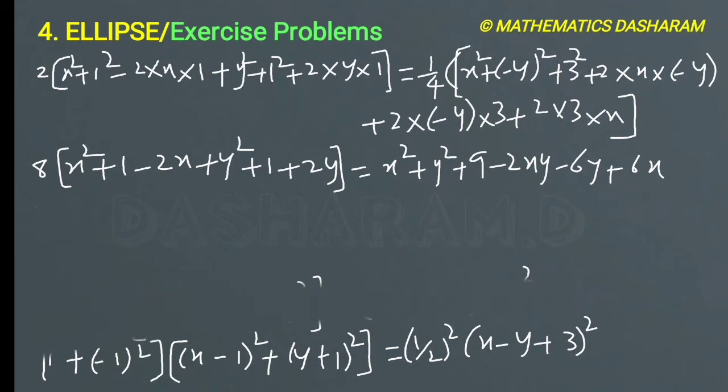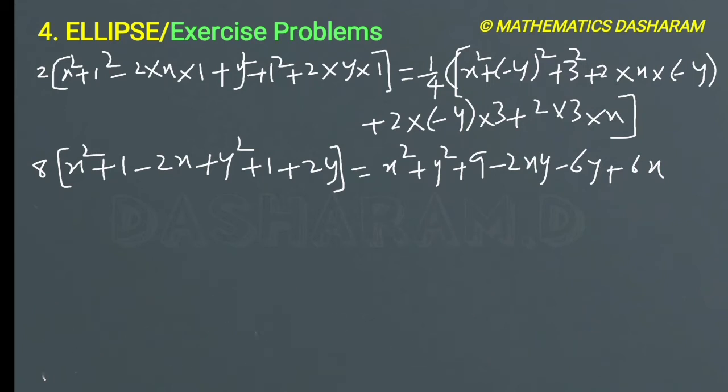Now 8 multiplying inside, so 8 into x² is 8x². Here 1 plus 1 is 2, 2 into 8 is 16. Next, minus 16x, 8y², plus 16y.